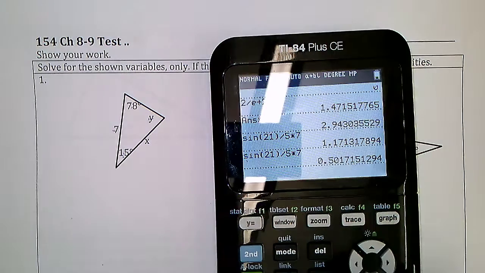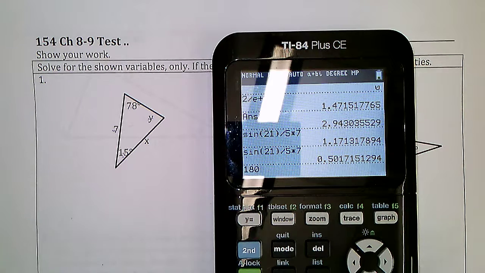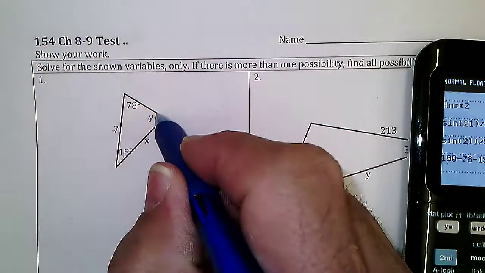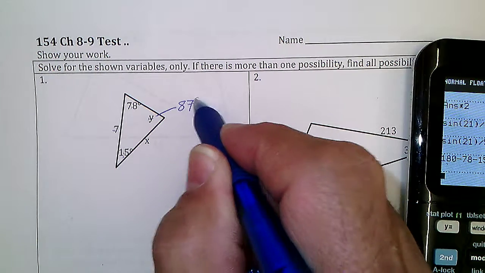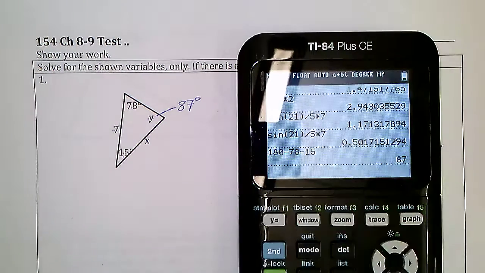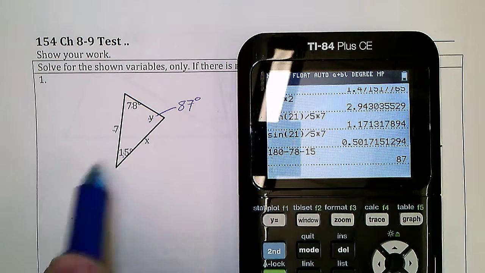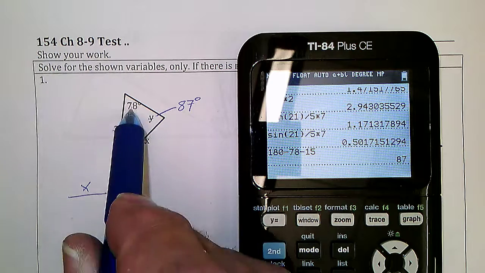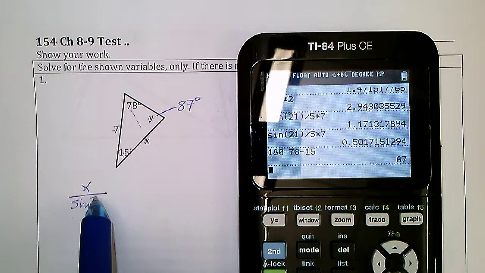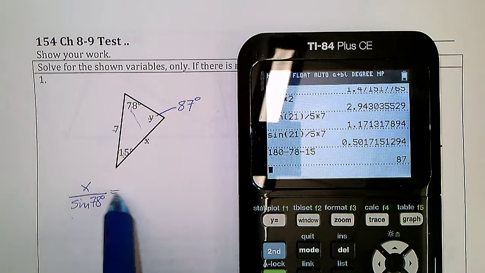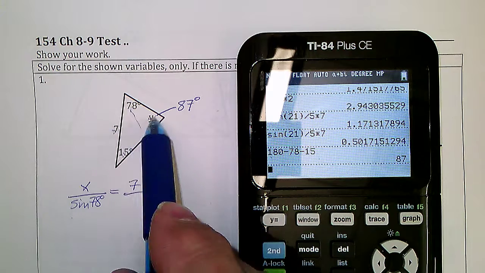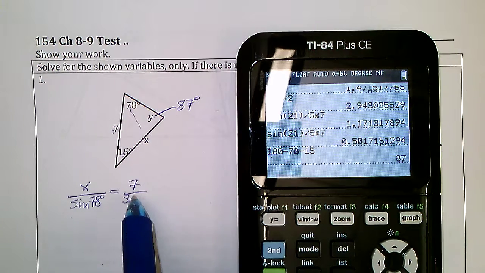So 87. So doing, if I want to find x, that's a side over the angle opposite, sine of 78 degrees, equals any other side, 7, over the angle opposite, sine of 87.